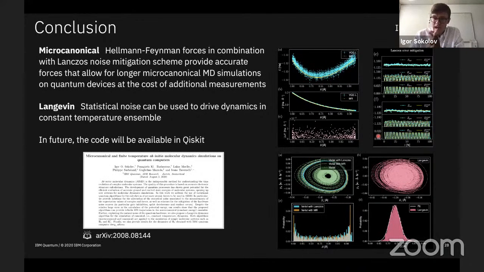But we have seen that we have additional costs due to this Langevin mitigation scheme, which is n power 2 of the number of terms of the Hamiltonian, times also the number of terms in our observable, such as the force operator. Then we've seen that we can effectively use the statistical noise to drive the dynamics in a constant temperature ensemble. And of course, our plan is to make this code, which can do all of this, available in QCxQC in future. QCxQC is the software we use to run all the simulations.